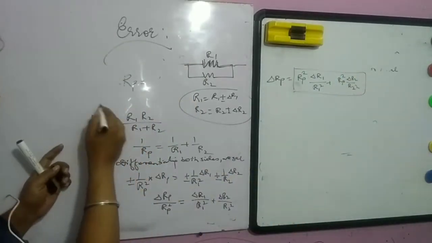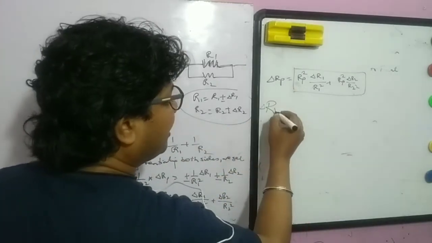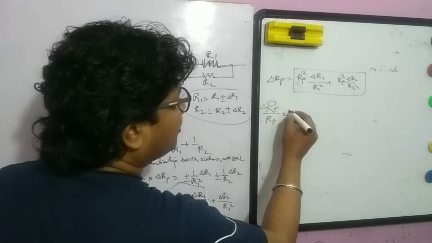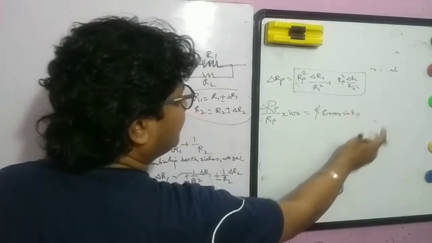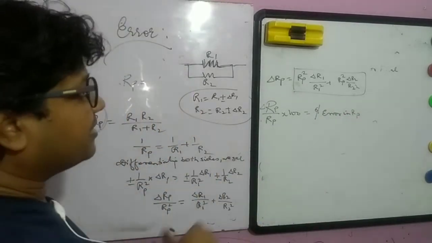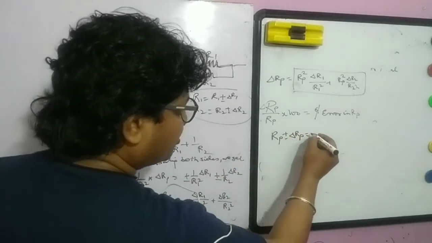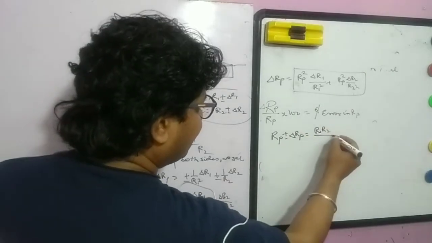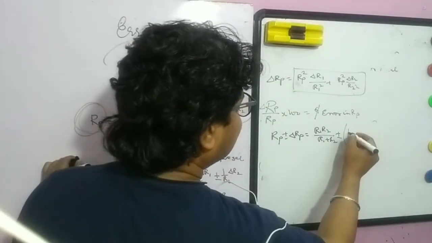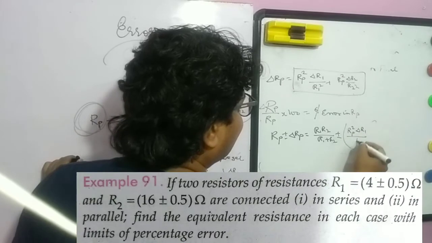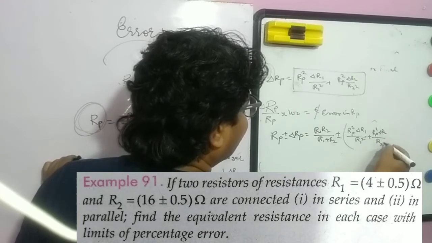Now you have to find the limiting value of percentage error in Rp. Percentage error in Rp is delta Rp upon Rp into 100. If you want to write it in the form Rp plus minus delta Rp, you will write R1 R2 divided by R1 plus R2, plus minus the whole term, that is Rp square delta R1 by R1 square plus Rp square delta R2 divided by R2 square.